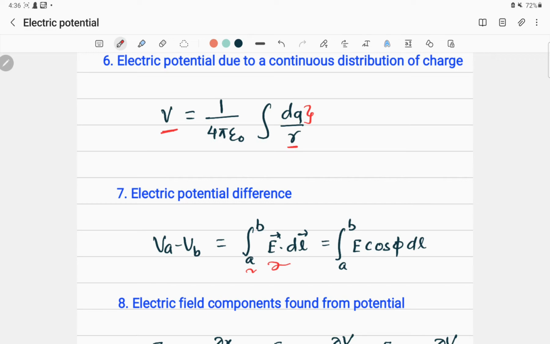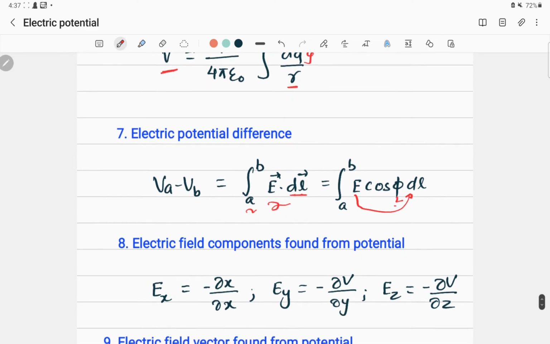If we take the integration from position A to position B of the electric field with this element, then you will get the potential difference, which is equal to the integral from A to B of E cos phi dl. This phi is the angle between E and this dl, and E is the electric field again.